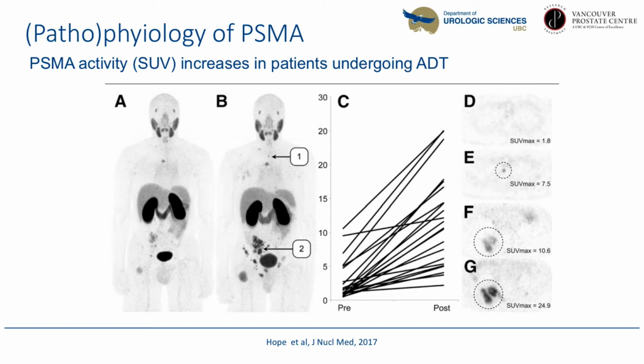They also performed the same thing in one patient with castration-sensitive prostate cancer. They performed the scan 4 weeks before therapy and 4 weeks after therapy. And also in the patient, they saw a 7-fold increase of PSMA uptake.